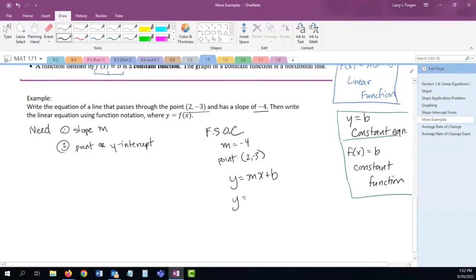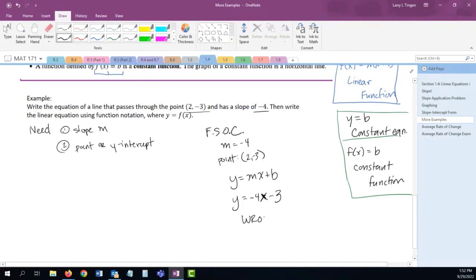Well, y is equal to the slope, which is -4, plus b, which is -3. People like to do this the same way they like to just strike terms out.